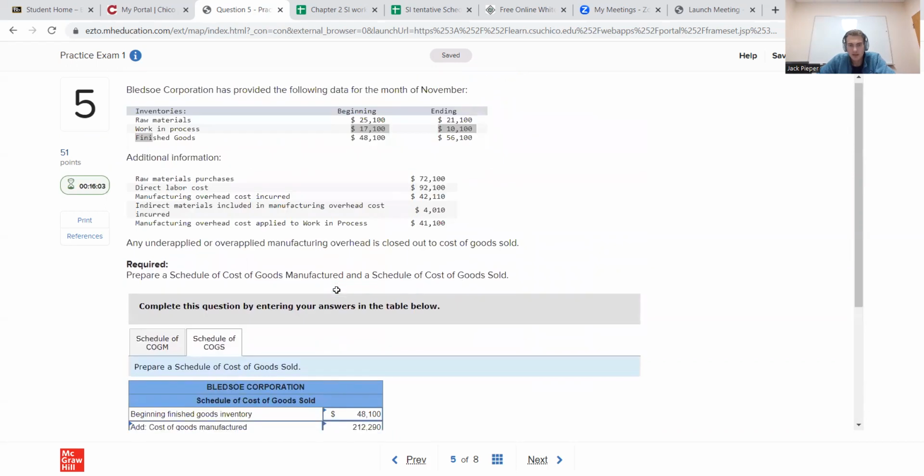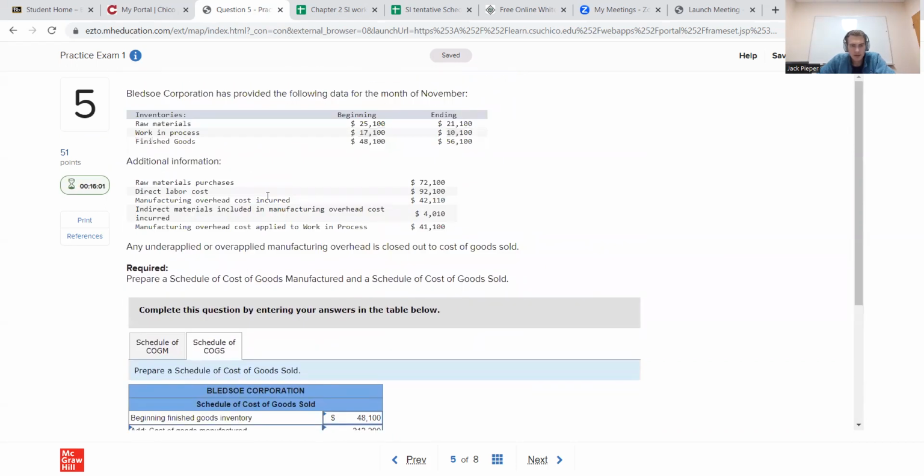Using our overhead. So if you see up here, we incurred $42,110 of overhead, but we only applied 41,100. So what we're going to do here is find the difference between the two. So we'll do 42,110 minus 41,100.